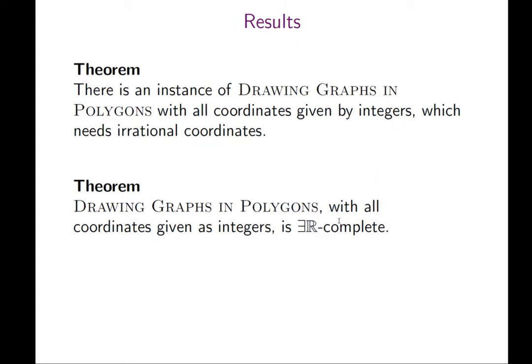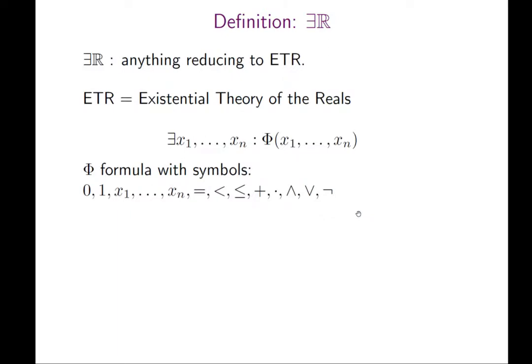Okay, so let me explain what existential-R is. Existential-R is a complexity class, and it says anything reducing to this problem ETR. ETR is a computational problem. This here stands for the class, this stands for the computational problem.